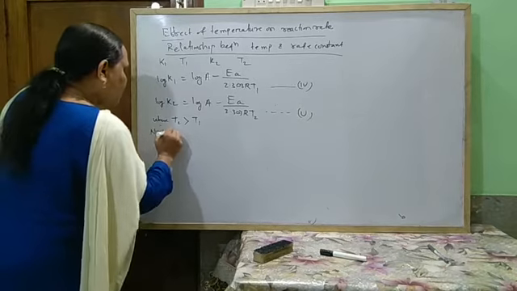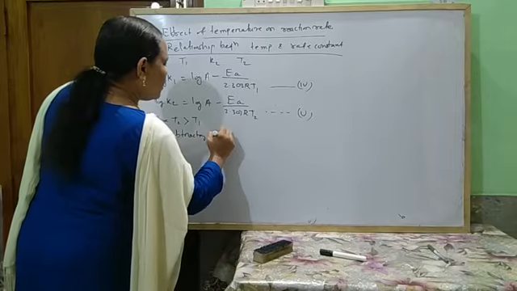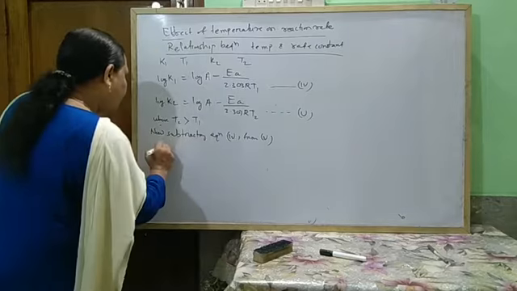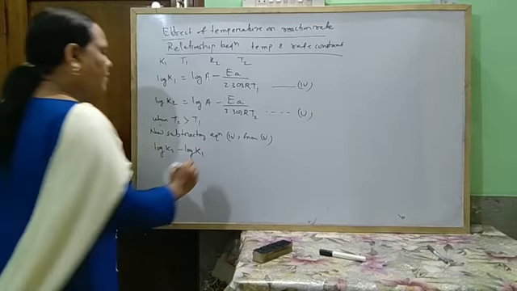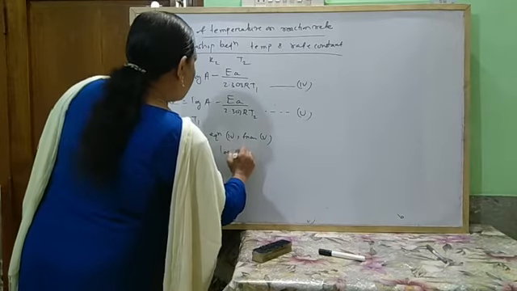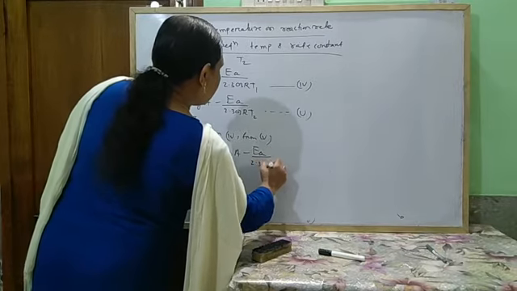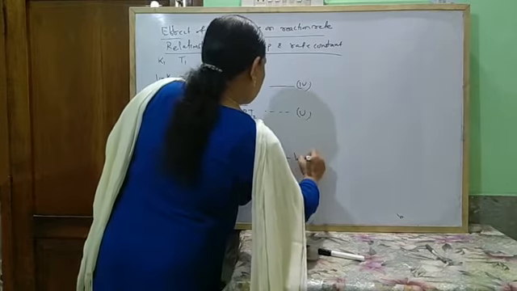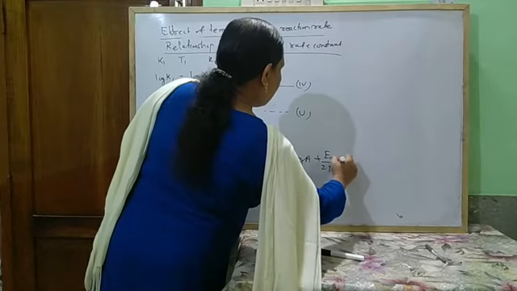Now subtracting equation 4 from 5, what we get? Log k2 minus log k1 equal to log A minus Ea by 2.303 RT2 minus log A plus Ea by 2.303 RT1.